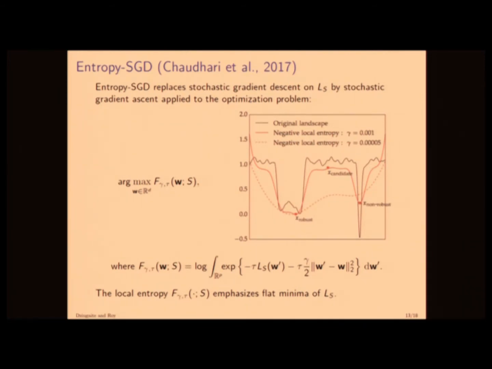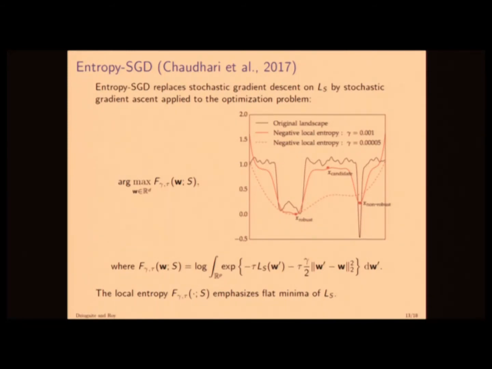So what is entropy SGD? It replaces stochastic gradient descent on the empirical risk surface with stochastic gradient ascent on the local entropy surface. So here's a rough picture. You have this empirical risk surface, which is maybe jagged.